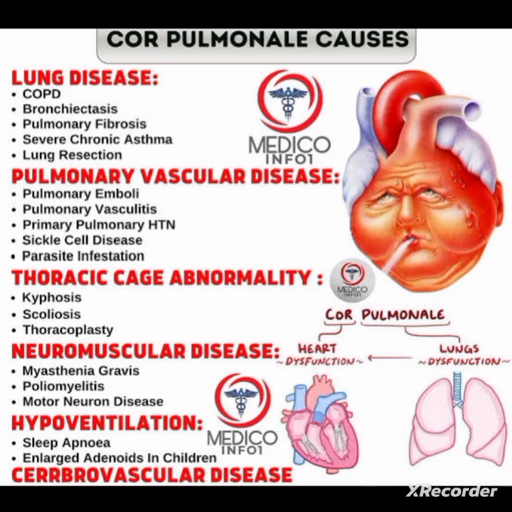Next one, thoracic cage abnormalities like kyphosis, scoliosis, and thoracoplasty. Next, neuromuscular disorders like myasthenia gravis, poliomyelitis, and motor neuron disease.